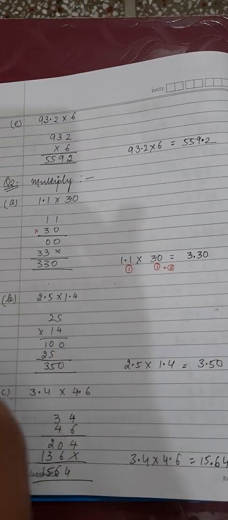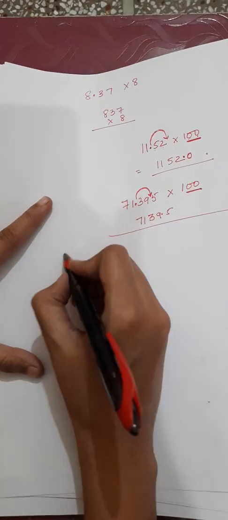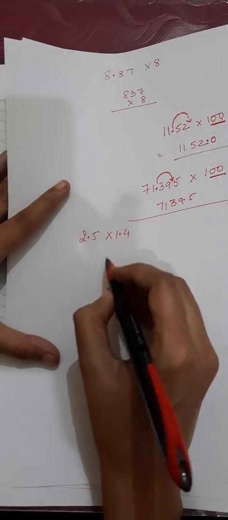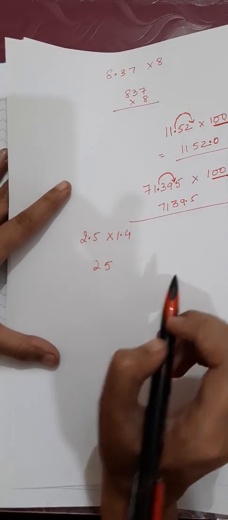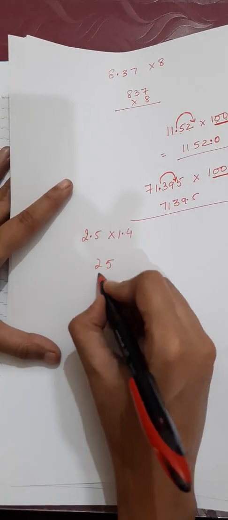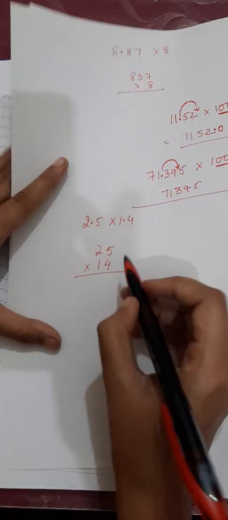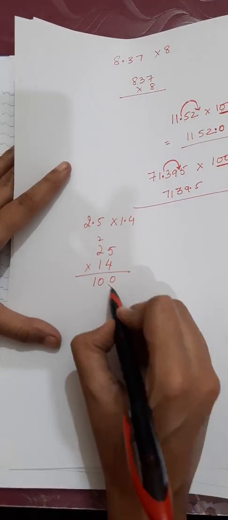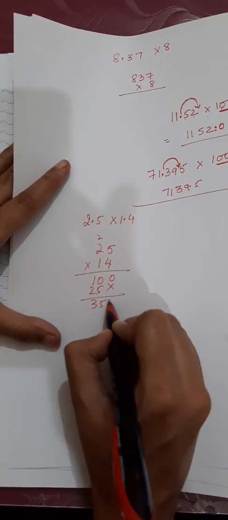See the next part. Next part is you have to multiply 2.5 by 1.4. So I am going to firstly ignore the decimals and multiply 25 with 14. 4 5s are 20, 4 2s are 8 plus 2 is 10, and then 25. This is coming 350.